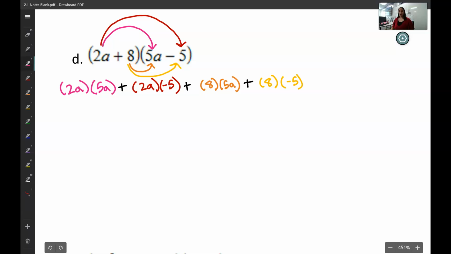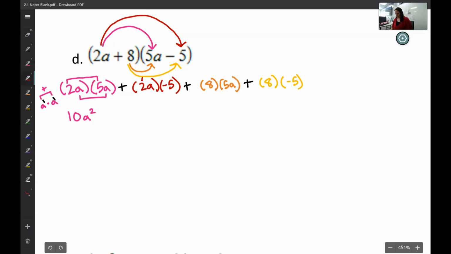Now let's simplify. Multiply the numbers first, so 2 times 5 is 10. Multiply the letters, so that means I'm going to add the exponents, and they both have sneaky 1s. So when I add the exponents, I get a squared.